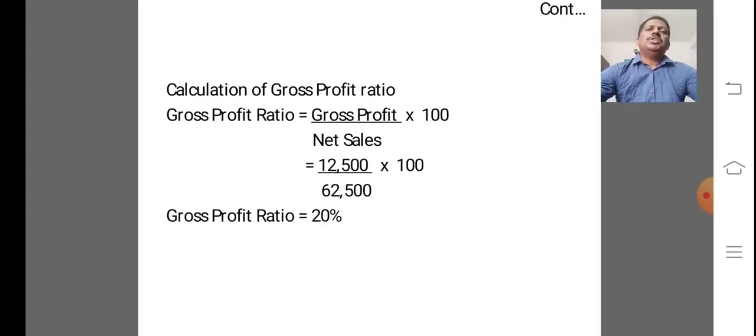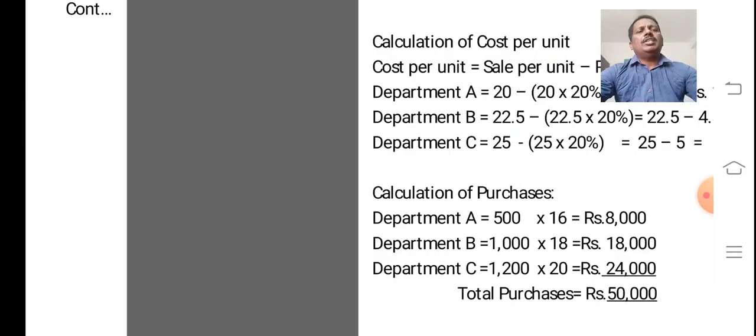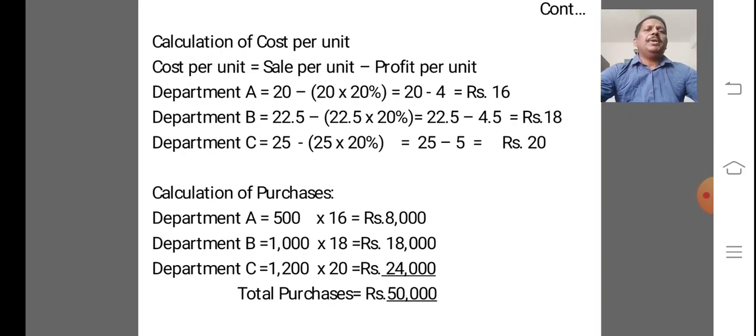Calculation of gross profit ratio. Gross profit ratio is equal to gross profit divided by net sales into 100. Here gross profit is 12,500 divided by net sales 62,500 into 100. So we got gross profit rate equal to 20%. Again, calculation of cost per unit. Cost per unit is equal to sale per unit minus profit per unit.